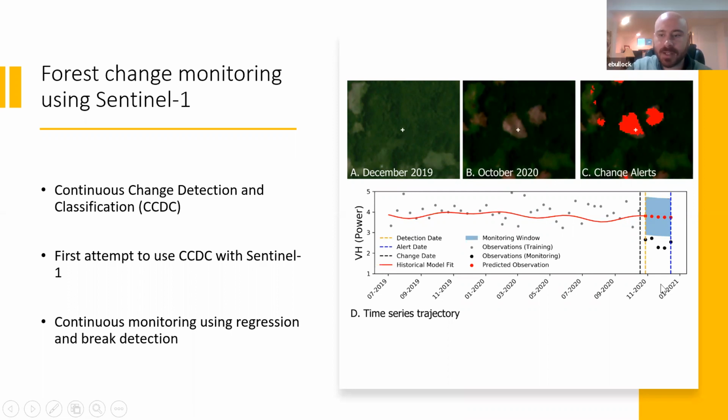This plot down here, this is a time series plot. And every dot on the plot, every gray point, is a different observation for the location in this cross in the middle of the images. And so this is vertical horizontal polarized backscatter.